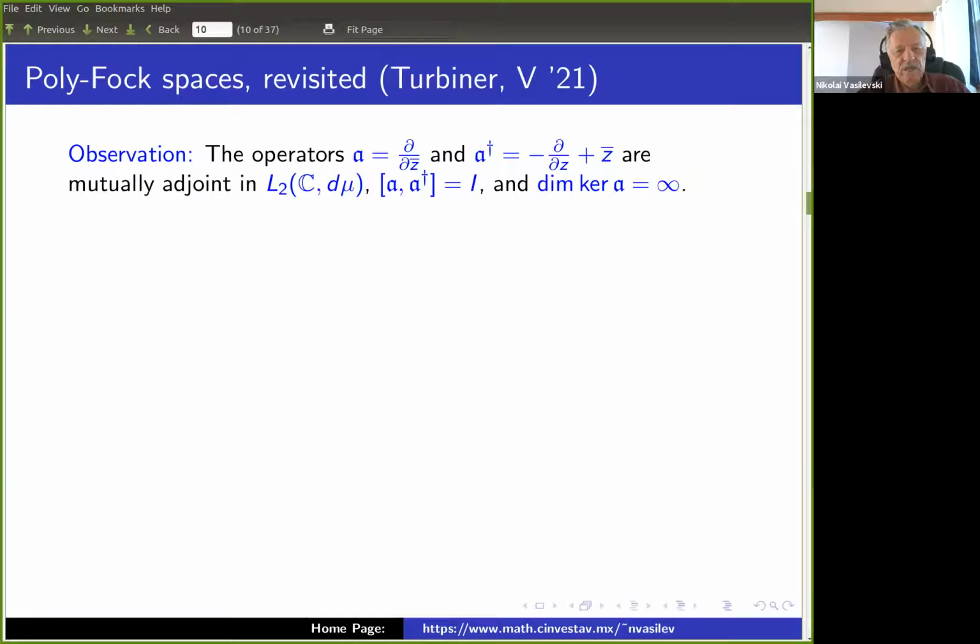They obey a very nice commutation property. They commute up to identity. And what is important for us is that the kernel of the operator A, let me recall this is just the derivative with respect to Z bar, is infinite dimensional.